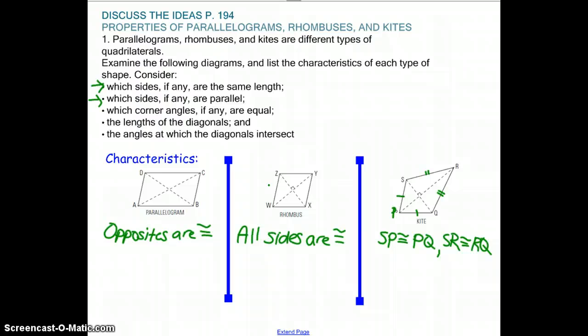So if we look at the parallelogram, opposite sides are parallel. So opposites are parallel. Same with this one, rhombus. Opposites are also parallel. And with the kite, none of them are parallel.